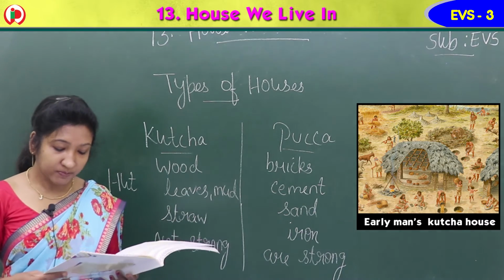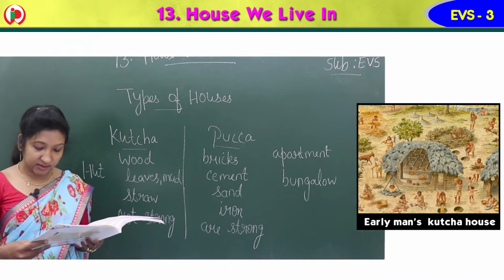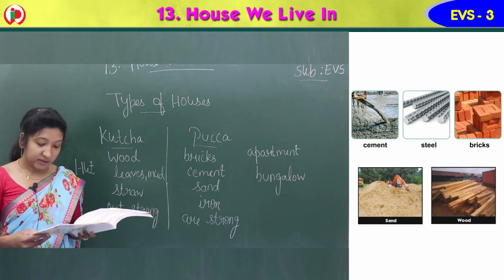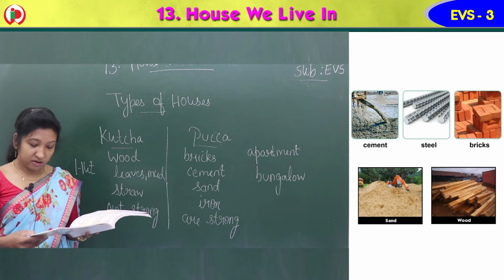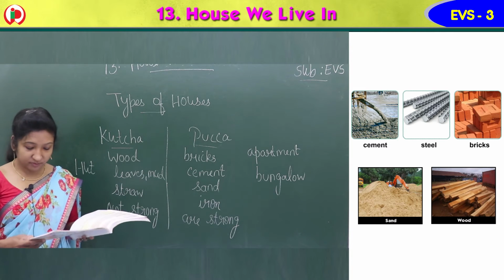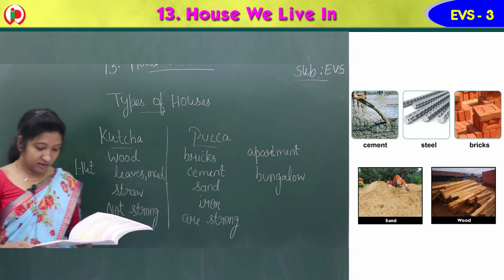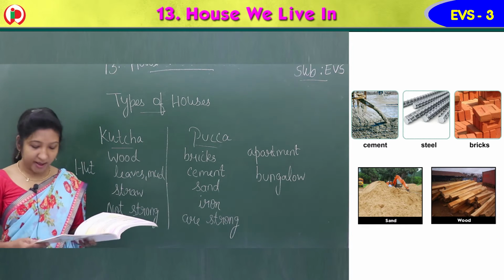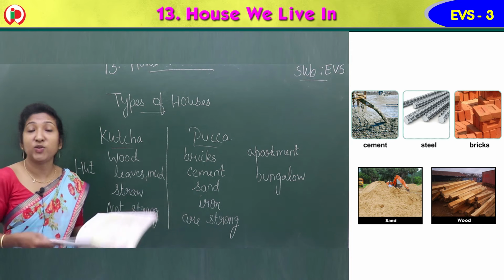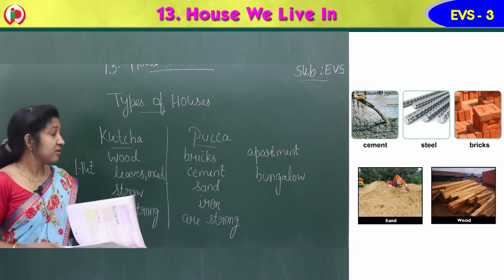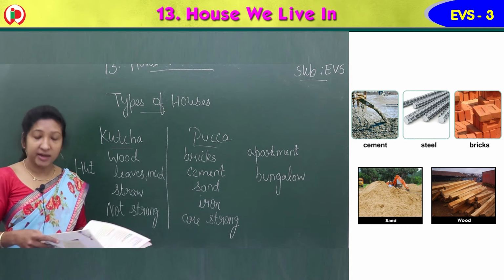Slowly man started to build stronger houses using bricks, sand, cement, wood and iron. These houses are called pakka houses. These houses are not affected by strong winds and rain because they are made up of bricks, cement and all, isn't it?